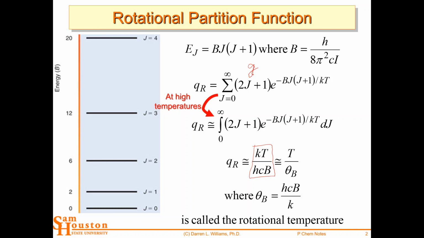And so this is a shorthand right here called the rotational temperature. Theta B is called the rotational temperature. And so this would be B in wave numbers. c is in centimeters per second.